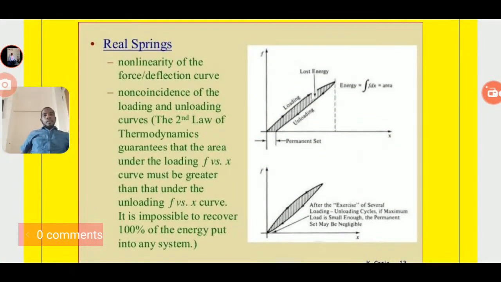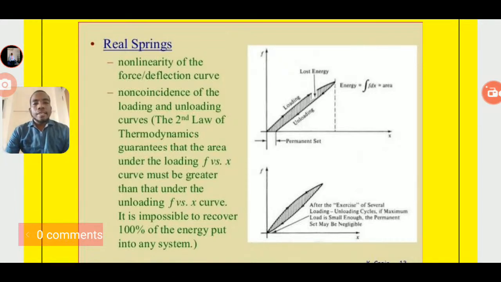The other thing is the real spring. In the real spring there is non-linearity of the force or the deflection curve, and non-coincidence of the loading and unloading curves. Non-coincidence of the loading and unloading curves is nothing but the second law of thermodynamics.